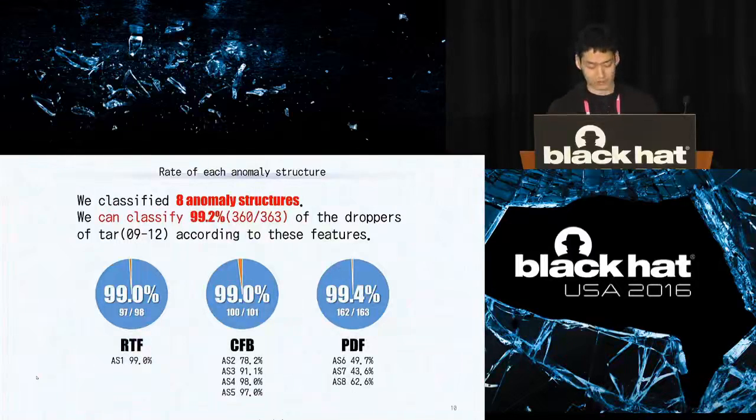O-Checker checks 8 kinds of deviations from document file format specifications. As I do not have time enough to cover all the deviation structure, please refer to my white paper for more information.